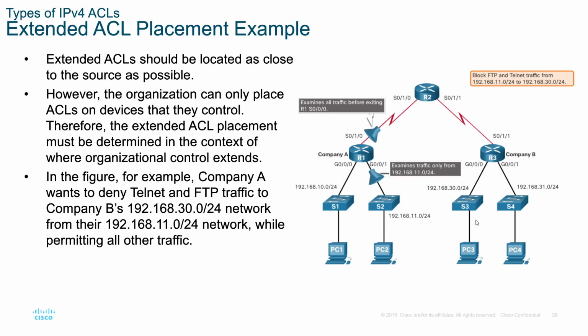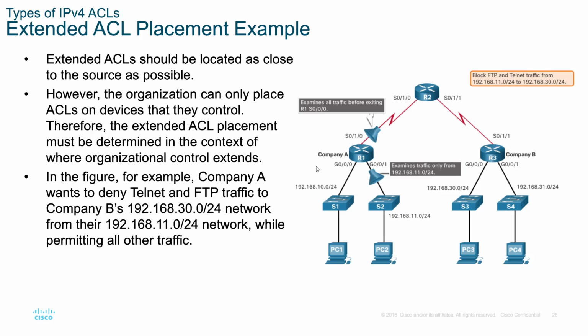Now, because we're using an extended, we can specify the source and the destination. So we can put it in 2 locations. We can filter it here as an inbound on G0/0/1, or we can filter it as an outbound on S0/1/0.